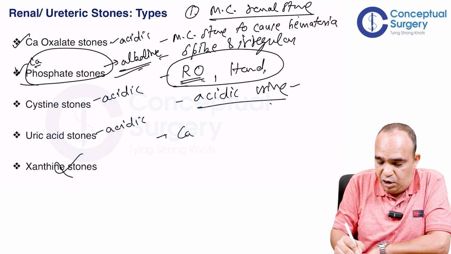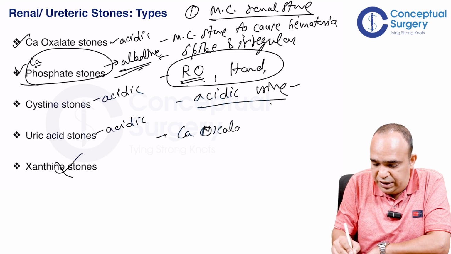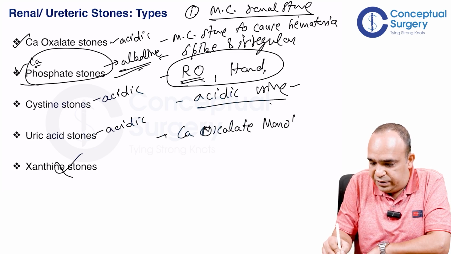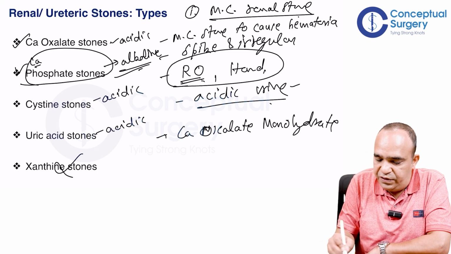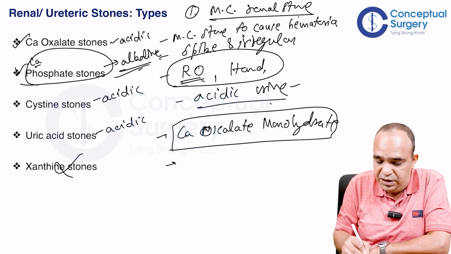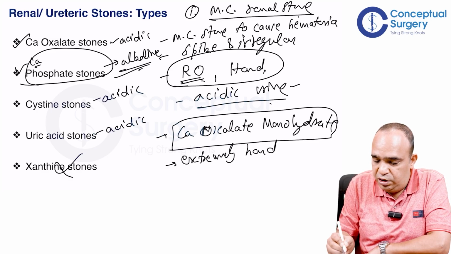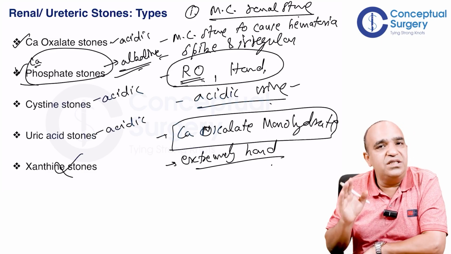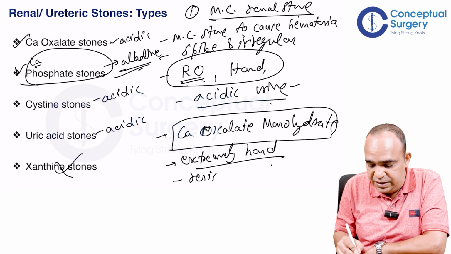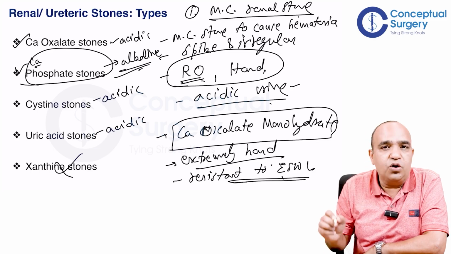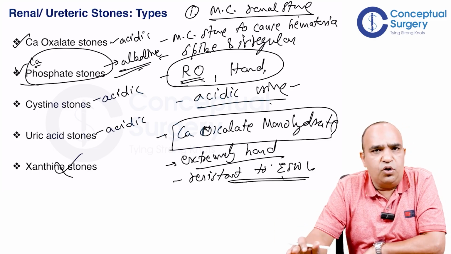Okay. Now, calcium oxalate monohydrate. One subtype of calcium oxalate stone. This is extremely hard. Hardest of all oxalate stones. So much so, it becomes resistant to ESWL, extracorporeal shockwave lithotripsy. We will talk about it.